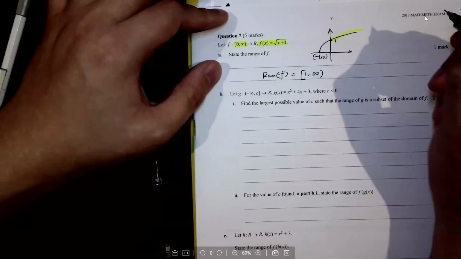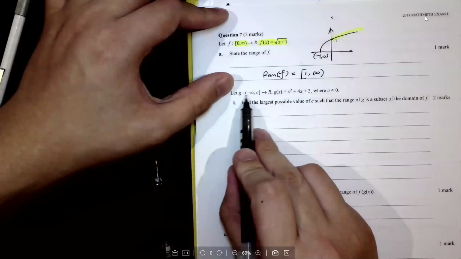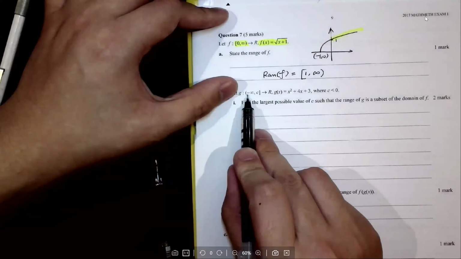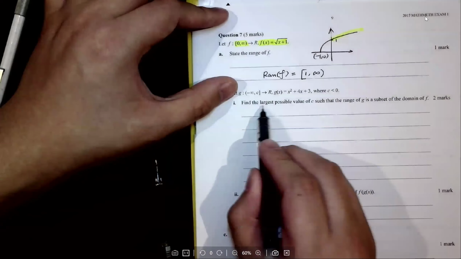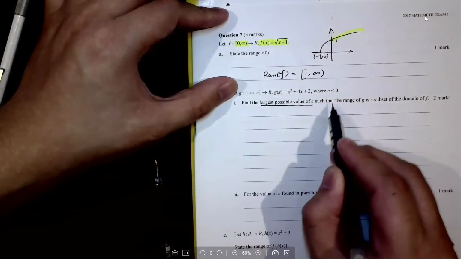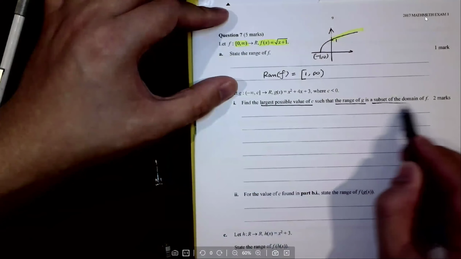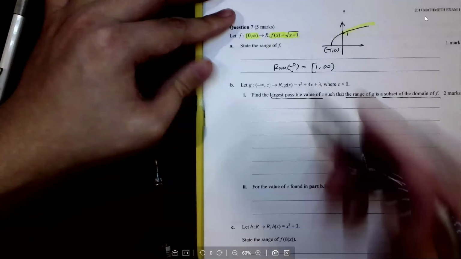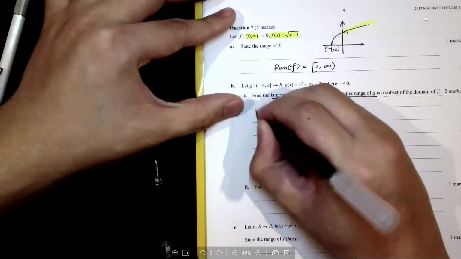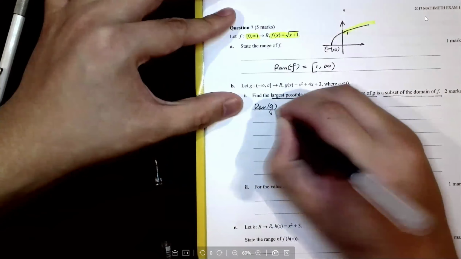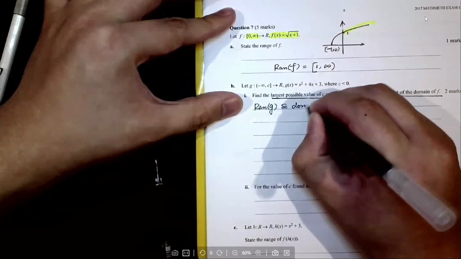Okay? And let g be a quadratic function restricted on -infinity to c. We would like to find the largest possible value of c such that the range of g is a subset of the domain of f. Well, range g is a subset of domain of f.